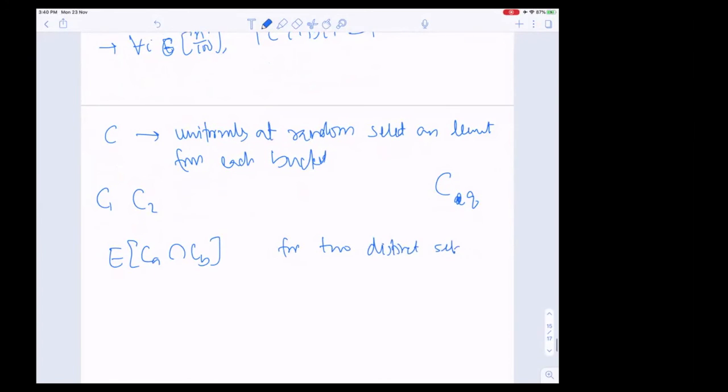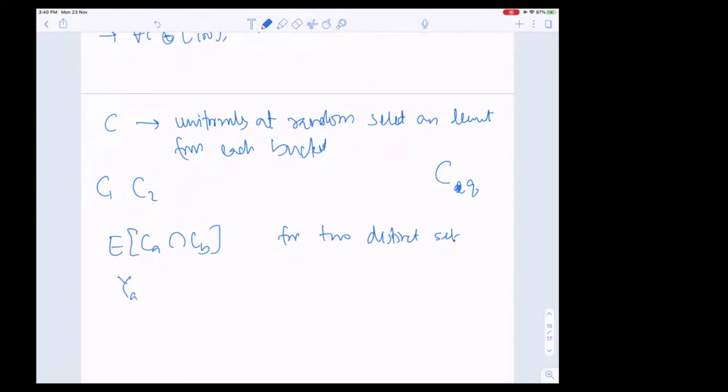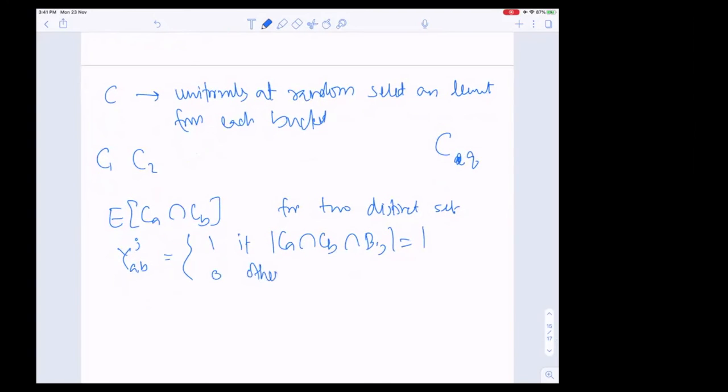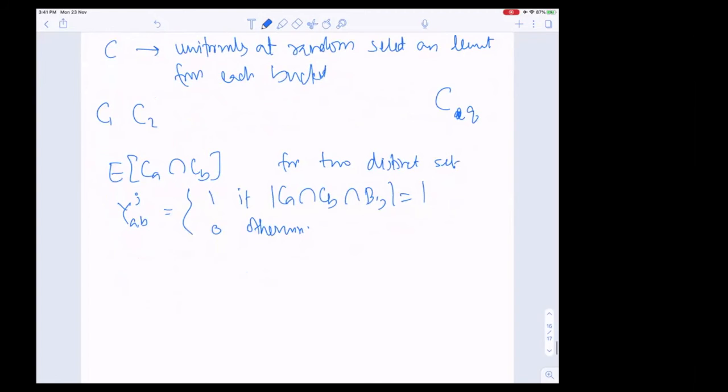Now what I'm going to do is set up a random variable Y_{a,b,j}, which is 1 if Ca intersect Cb intersects bucket bj, meaning from this bucket they pick the same element, and 0 otherwise. So what is the probability that Y is equal to 1?